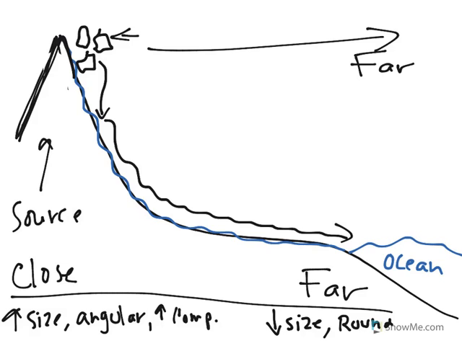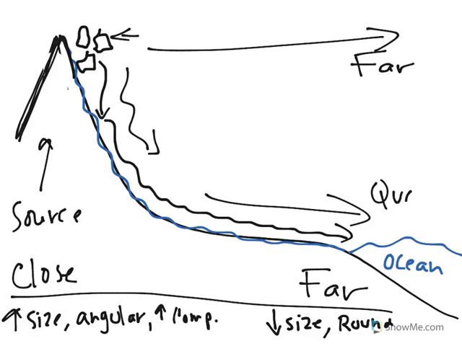Now, as we've learned, as this material travels down and interacts with the water, most of the material in that initial rock is going to start to fall apart. It's going to undergo what we call hydrolysis, where it's going to turn to clay. So by the time it reaches the ocean, most of the time all we have left is quartz. By the time we are far from the source, we have low composition. I wouldn't expect to find a whole lot of different minerals in there, maybe just a couple.